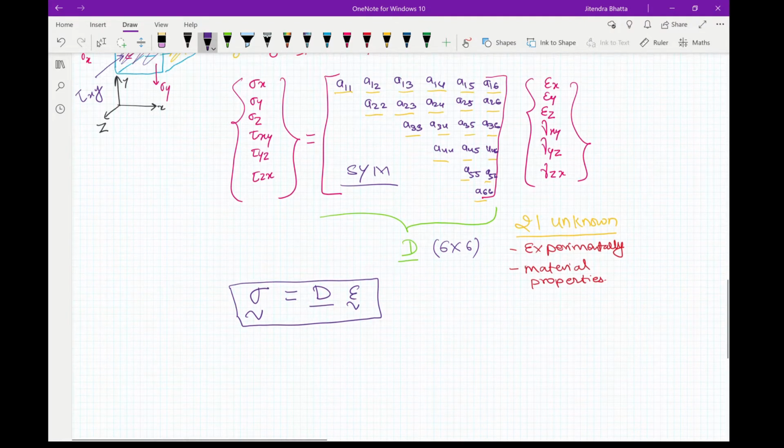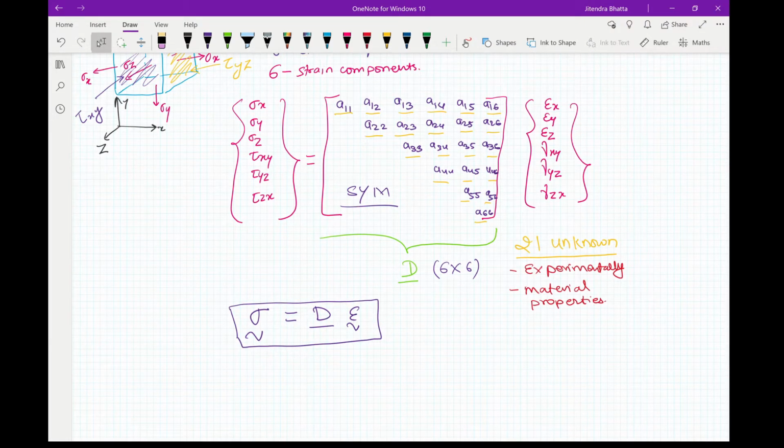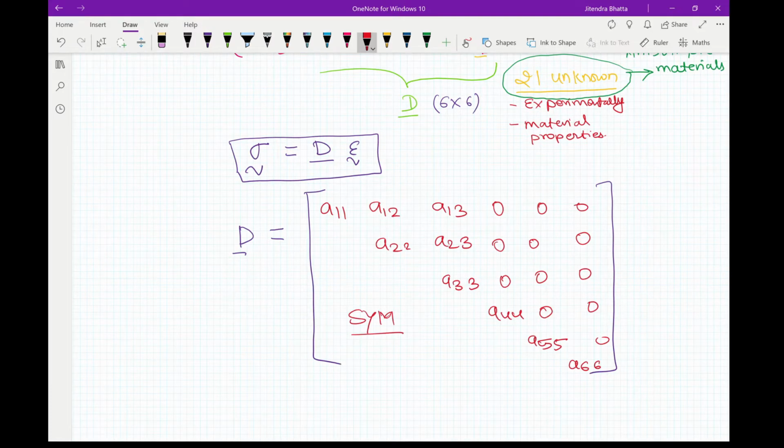Now the materials in which all of these unknowns are to be obtained, which means that their material properties are different in different directions, are known as anisotropic materials. And there are some elements which show symmetry with respect to the planes in the body, which means that your D matrix will look something like this.